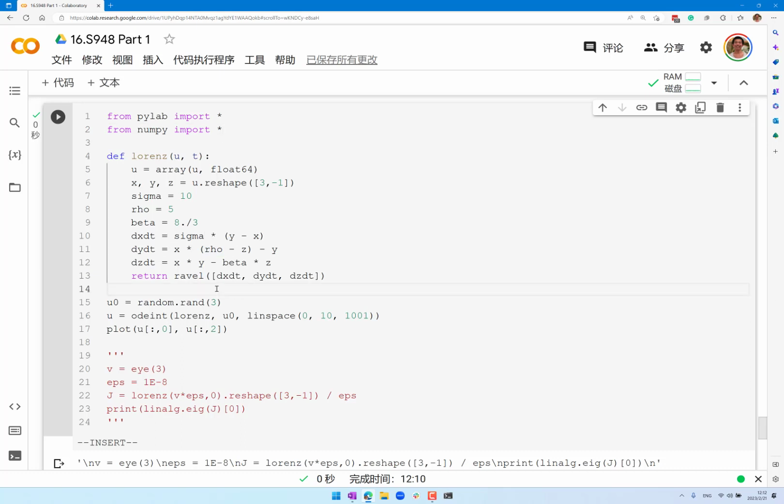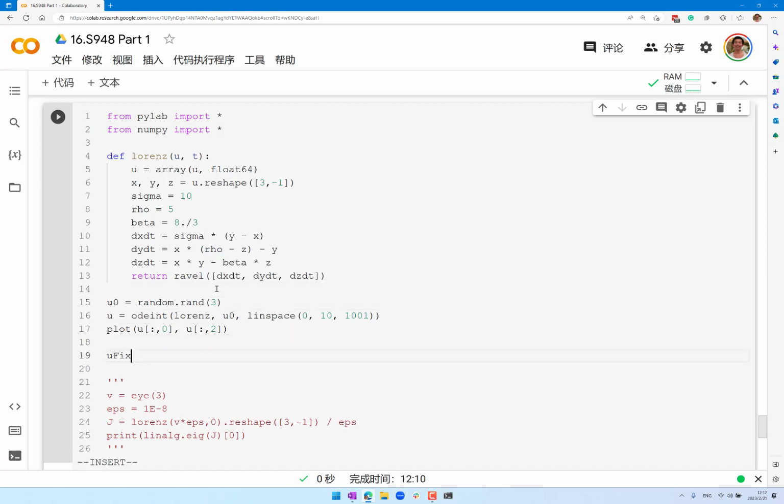Okay, so that's the second equation. Let me just write it here. So u fixed is going to be x something, y something, I don't know, but z is going to be rho minus 1. Let me just copy this over here. z has to be equal to rho minus 1.